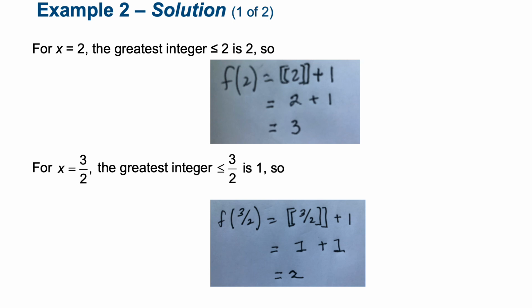For x equals 2, the greatest integer less than or equal to 2 is 2. So f of 2 would equal the greatest integer of 2, plus 1. That's 2 plus 1, and that's 3. For x equal to 3/2, the greatest integer less than or equal to 3/2 is 1. Okay? So 1 plus 1, and then you would just get 2.